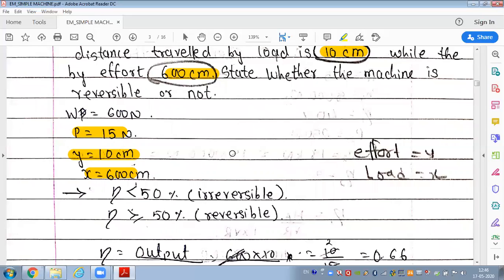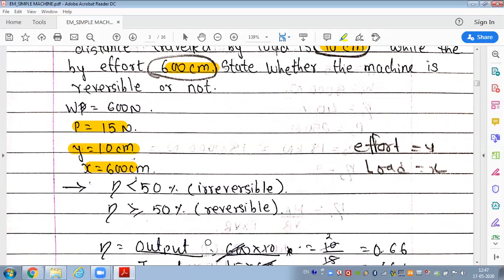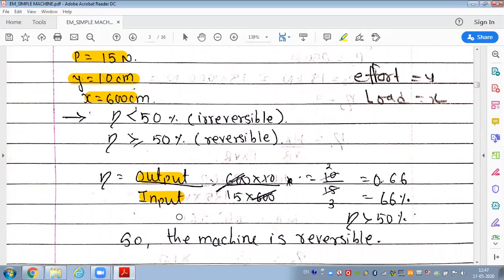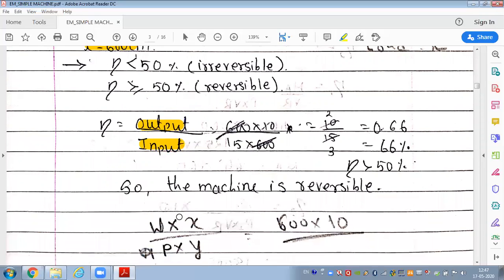What is the condition for a reversible process? If the efficiency is greater than or equal to 50%, it is a reversible machine. If it is less than 50%, the machine is irreversible. According to the definition, efficiency is output by input.